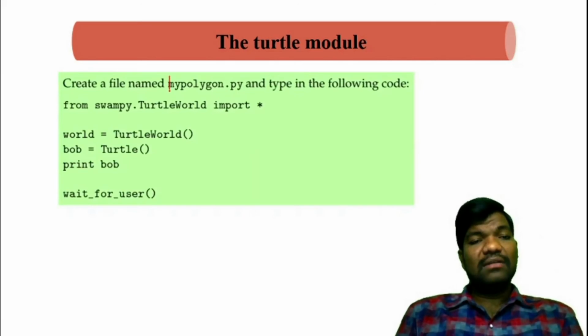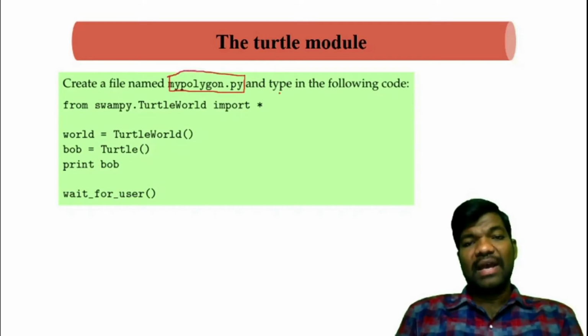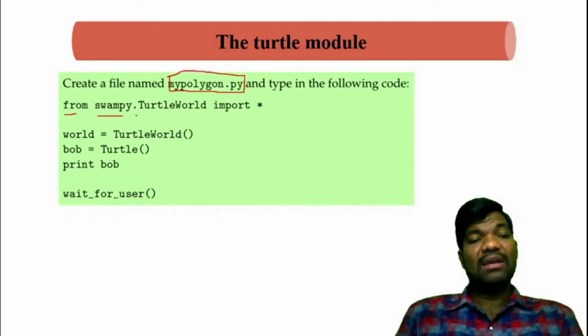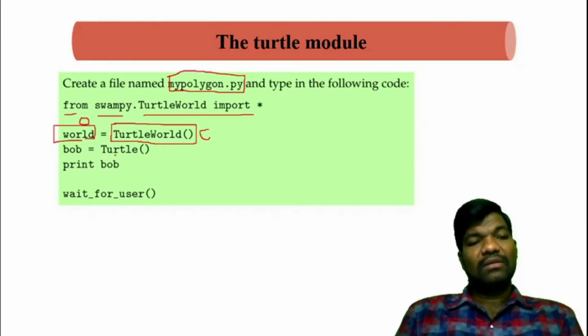Create one file, mypolygon.py, a Python file, and type the following code. From, what is the package? Swampy. What is the module? TurtleWorld import star. TurtleWorld is a class, and this is an object, an instance of a class, world.